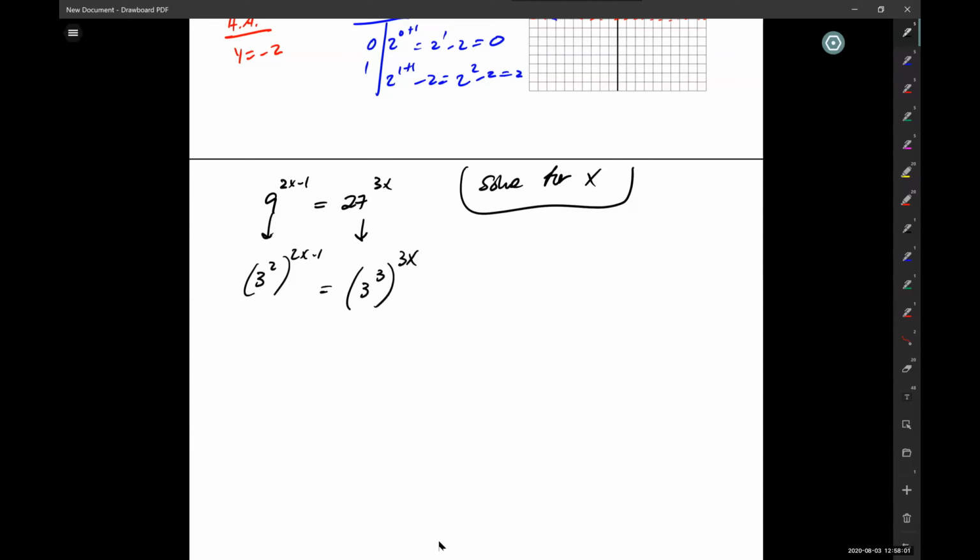So what that's going to give me is, a power to a power means we multiply the exponents. That's 3 to the 4x minus 2 equal to 3 raised to the power of, once again multiplying those two together, 9x.